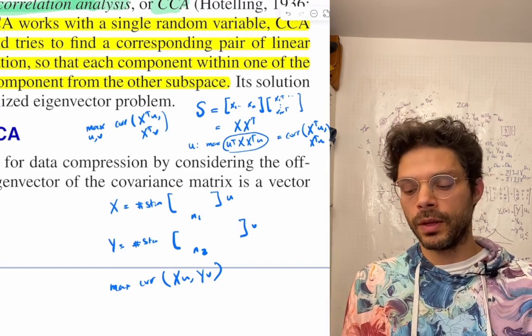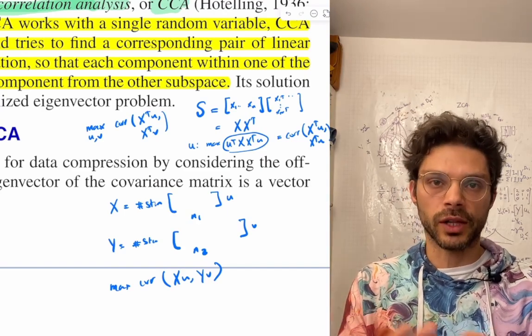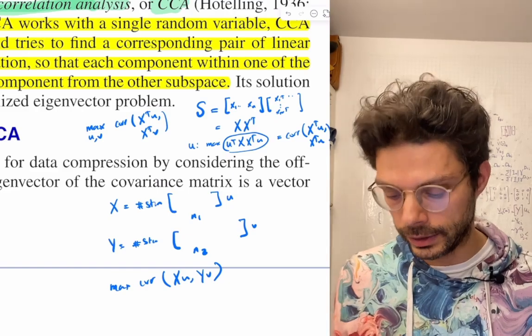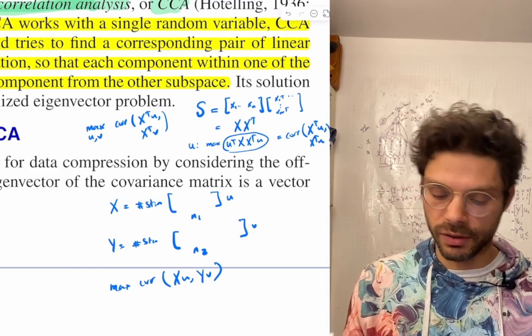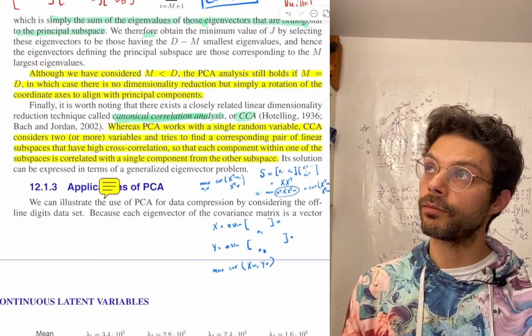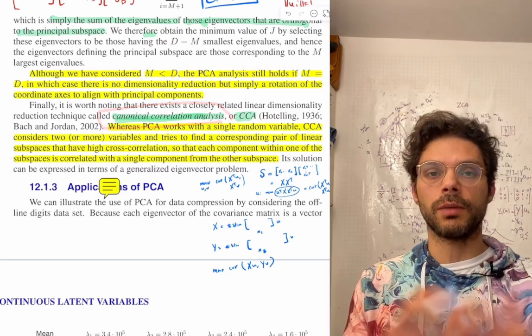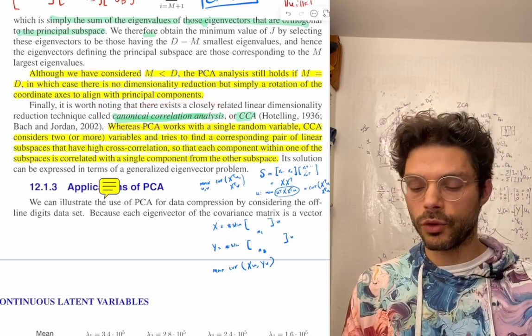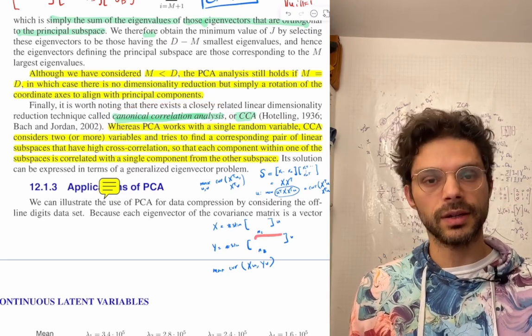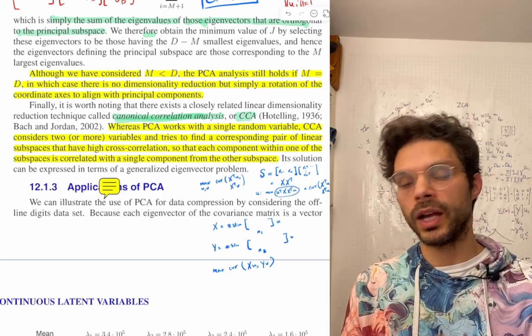You're looking for a direction which has the largest correlation with itself, which is basically the largest variance. Anyway, that was a little teaser about CCA. It's good to know about, because it allows you to compare different data sets, which we often have to do, which can be different sizes, but have a very similar motivation.